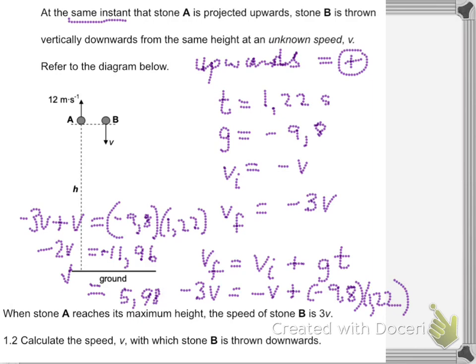Assign a positive, negative sign: upwards positive, downwards then will be negative, and we use the appropriate formula, and then you get the answer. Please don't forget to add in 5.98 meters per second. That is what you need to do. All good. That is number 1.2.